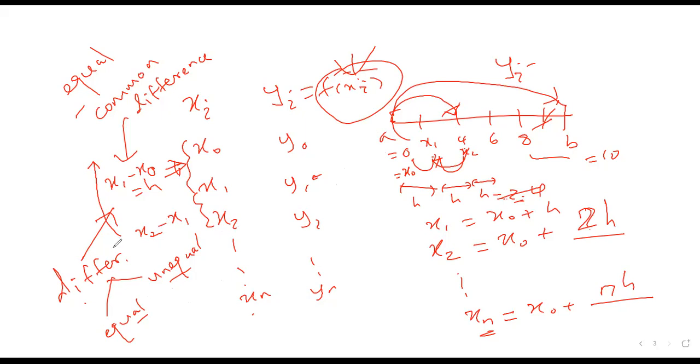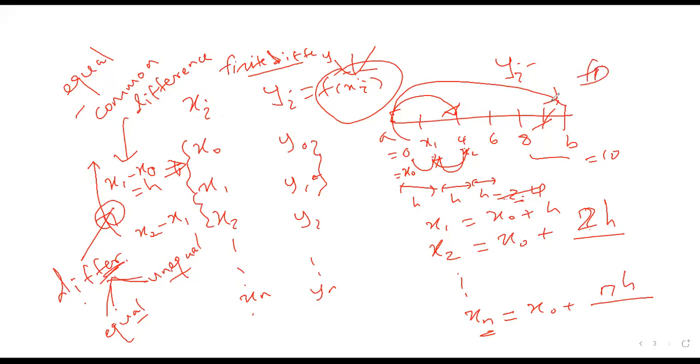So the x differences can be divided into two cases, equal and unequal. But actually here we are talking about finite difference. It's not talking about the x difference, it's talking about the y difference. All right, so we have seen two ways of finite differences.